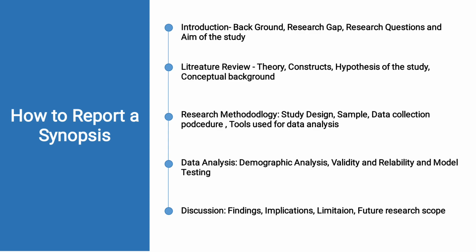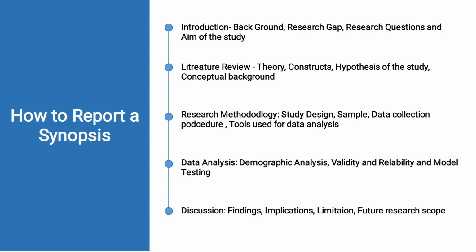Then the next very important aspect is sample. If you are doing quantitative research or qualitative research, in both you require a sample. Even in a systematic literature review, you do sampling, meaning you require a sample of research papers.